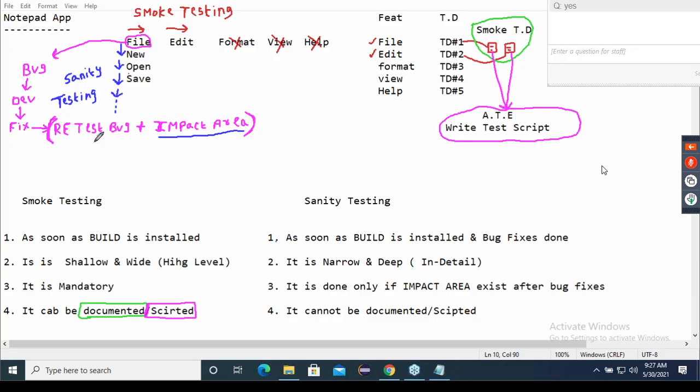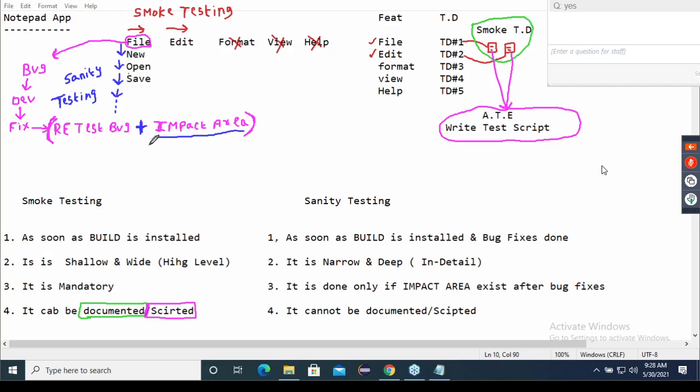Retesting of a bug is not called sanity. I never said retesting of a bug is sanity. Retesting of the bug along with that, it should have this impact area also. Only if this impact area is there, then I call it sanity. Retesting of bugs I never called sanity, boss.